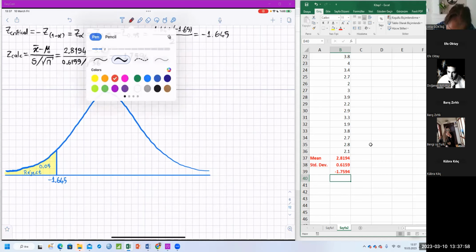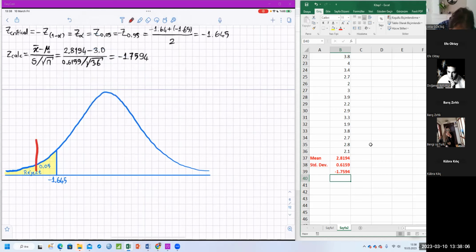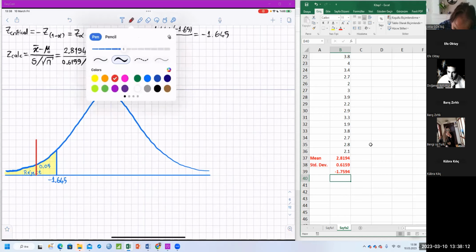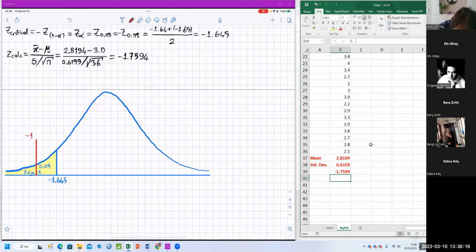So I'll try to have this in color red. Yeah, there it is. So I'll place it here. So this is minus 1.7594. Okay, simply falling within the rejection region.